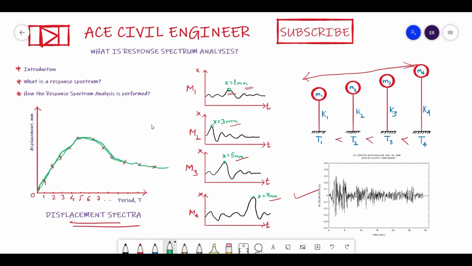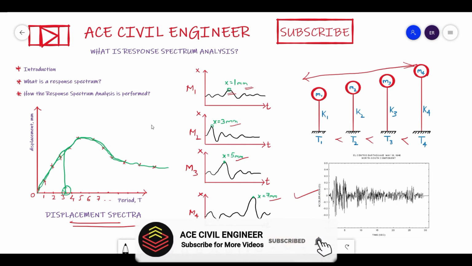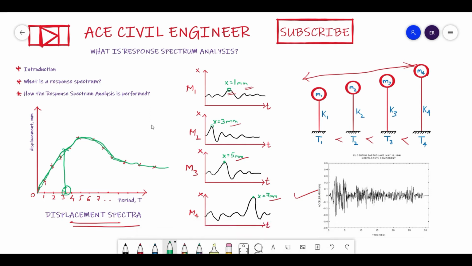So if I consider this point, I must have an oscillator which has a time period of this, and it has a peak response of this. This is how the plot is made. Hope you understood this. So I am proceeding further.